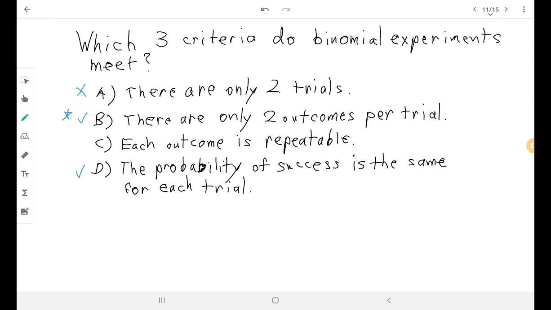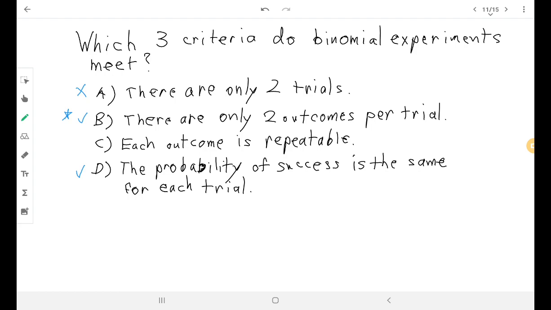It's a little more straightforward with, say, flipping a coin, right? If I flip a coin, there's only two possible outcomes, heads or tails. And there's a 50% chance of each one. But if I roll a six-sided die, there are six possible outcomes, unless I get more specific and I say, I want to roll a 5.